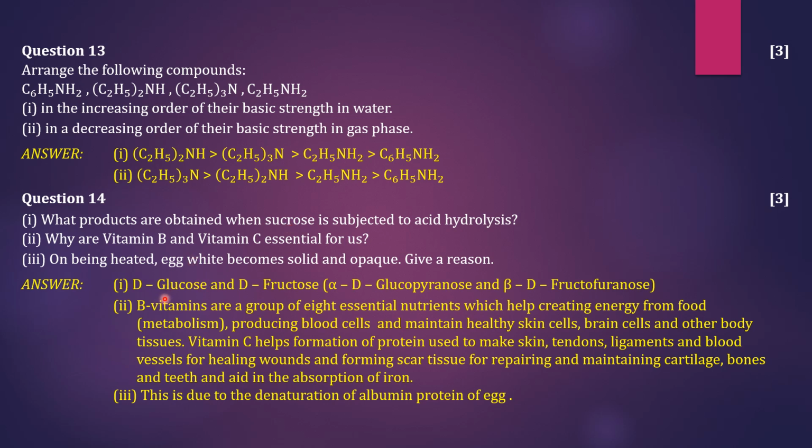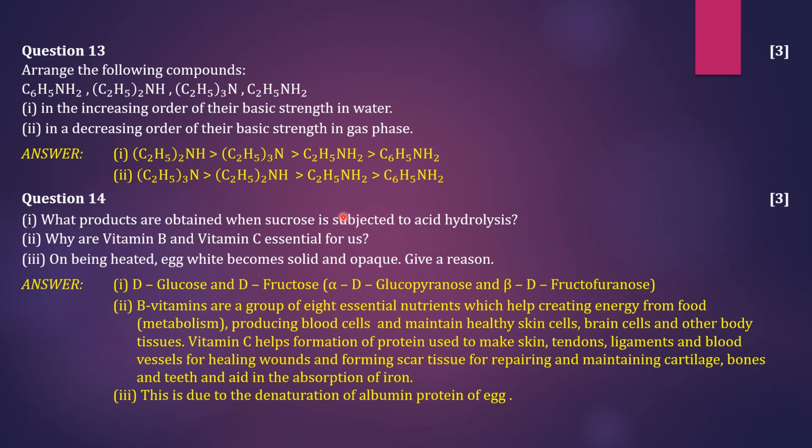Sucrose gives D-glucose and D-fructose. Don't forget to write capital D. The best answer will be alpha D-glucopyranose and beta D-fructofuranose, but at least you write D-glucose and D-fructose. Similarly for lactose it will be D-glucose and D-galactose. For maltose it will be 2 molecules of D-glucose.